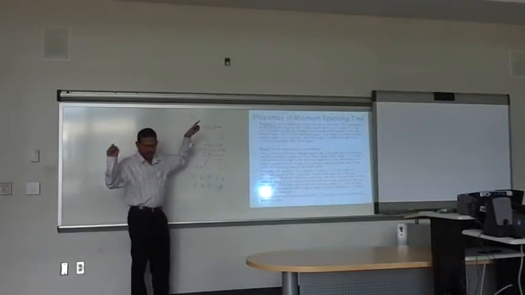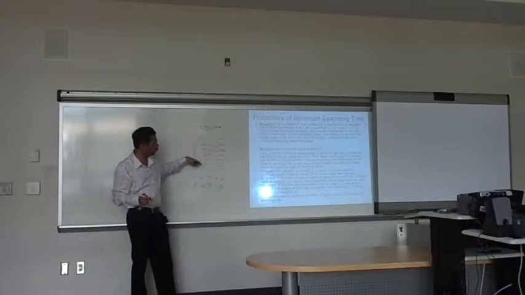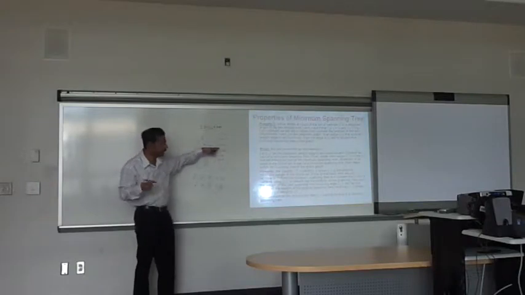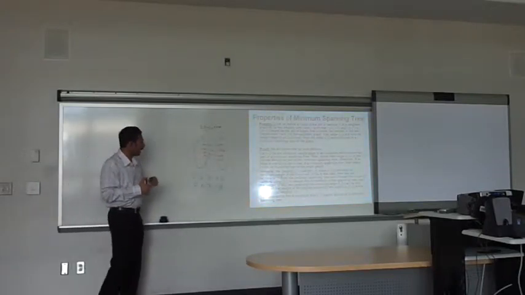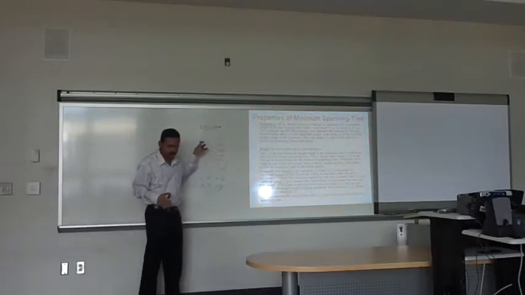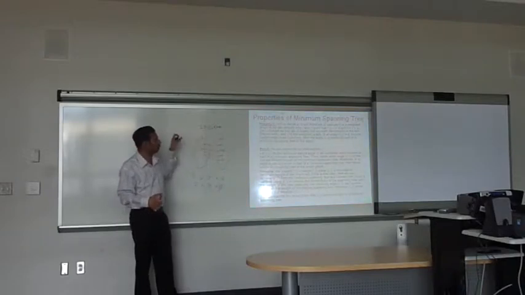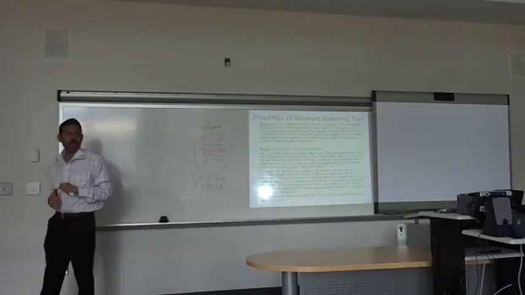So you have a graph with all edges and the corresponding weights, and you're breaking the graph into two disjoint sets of vertices, I and J. If you look at the edges that cross the two sets, among those edges there will be one with a minimum weight. That edge, with the minimum weight crossing this cut set, has to be part of a minimum spanning tree. That's the theorem. Right?